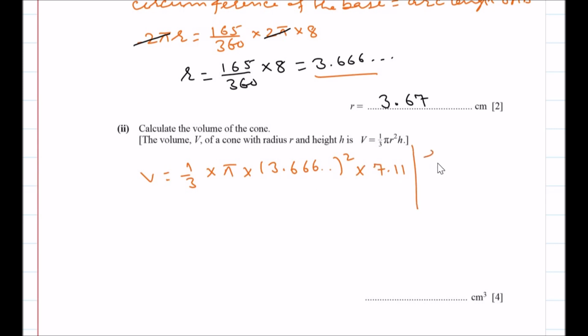We need to find h here, and h will be given by 8 square minus 3.666 square, and that will be 7.11. This is your height.